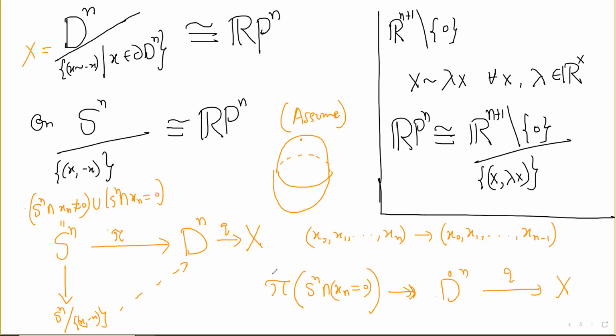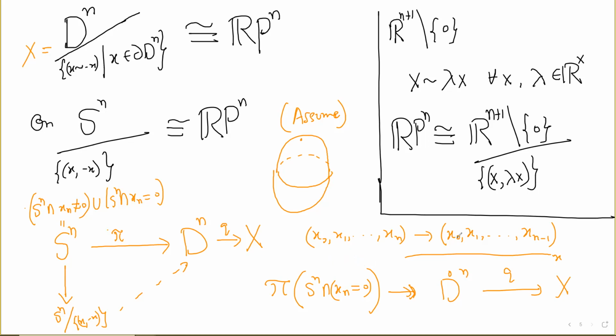Okay, and so Q is 1-1, and so the pre-image for any point x here is just 2 points: x comma some square root thing, and x comma minus square root thing. The point is that it has two pre-images.